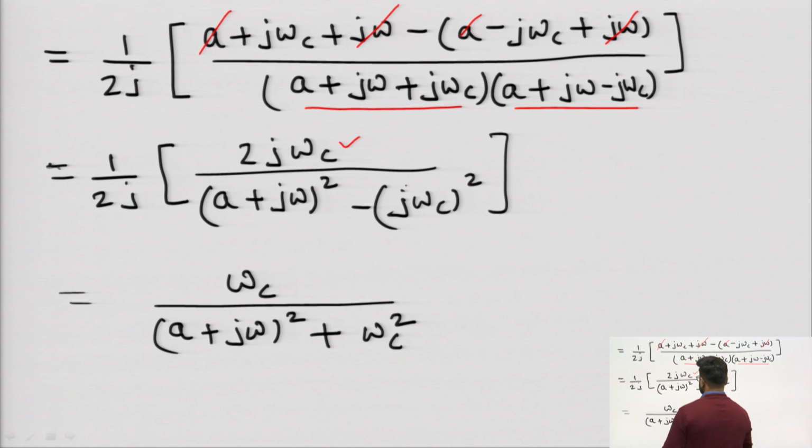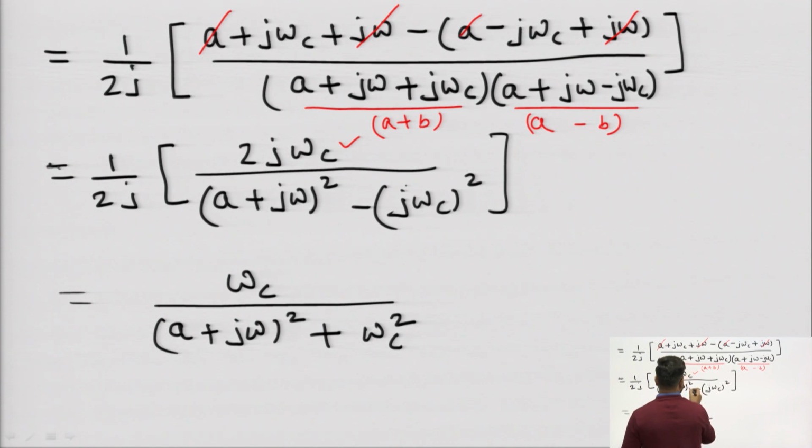In the denominator we use the formula (a plus b)(a minus b), giving a square minus b square: (a plus j omega) whole square minus (j omega c) whole square.